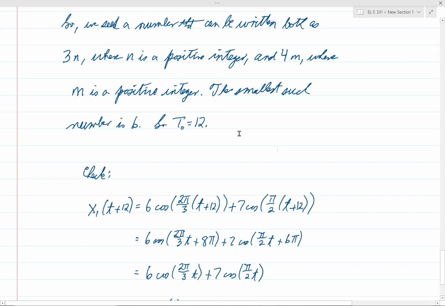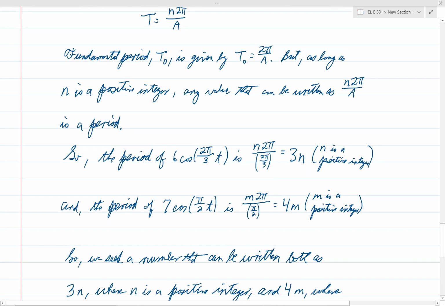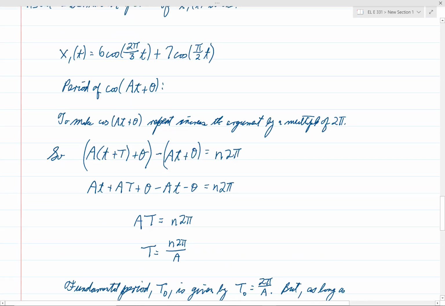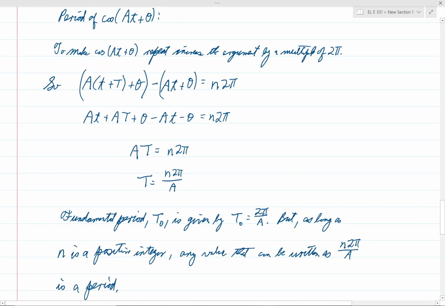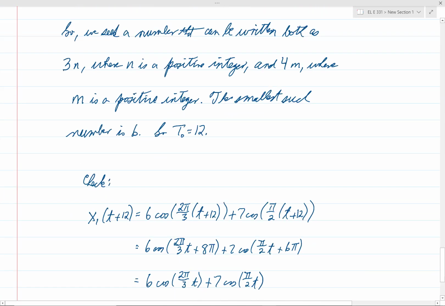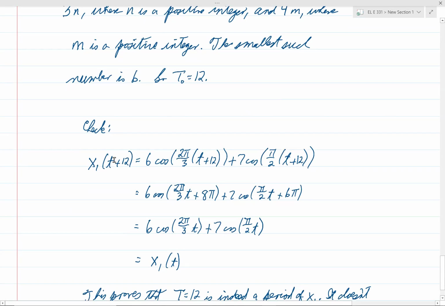So x1 of t plus 12, remember x1 of t is equal to 6 cosine of 2 pi over 3 t plus 7 cosine of pi over 2 t. So that means that x1 of t plus 12 is 6 cosine of 2 pi over 3 times t plus 12, plus 7 cosine of pi over 2 times t plus 12.